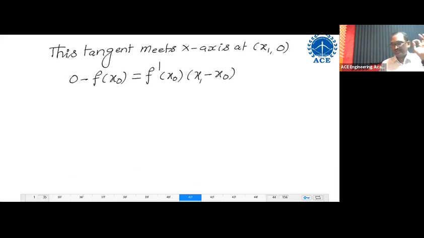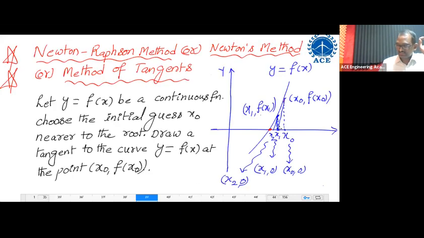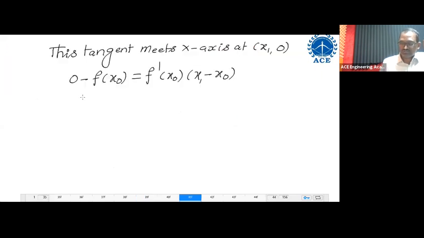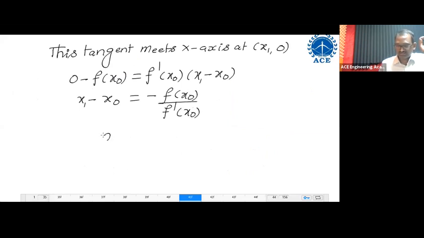So the curve where the tangent touches the x-axis, it will be the first approximation, the tangent touching the x-axis at x1. So x1 is the first approximation, x2 second approximation, and so on. So from this, x1 minus x naught is equal to minus f of x naught by f dash of x naught.